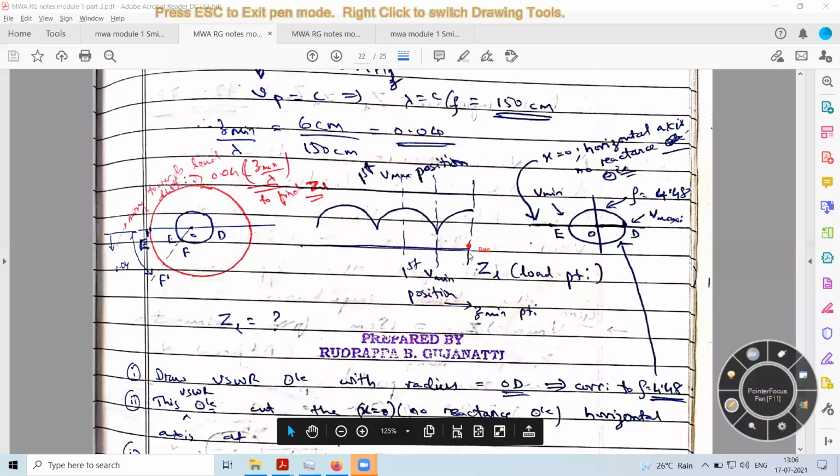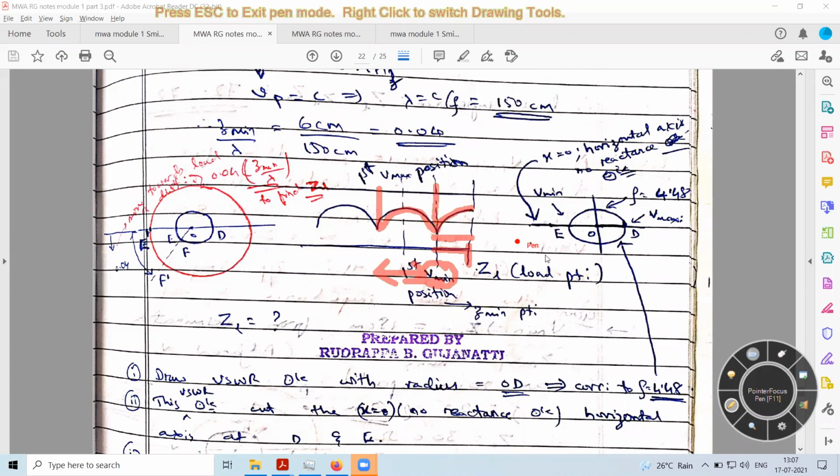He has specified that from the load end, if I move a distance of 6 centimeter, I'll encounter the first minimum. If I want to go to the next voltage minimum, it will be lambda by 2. The distance between two successive voltage minima is lambda by 2. This may be required when you're solving some other problems.